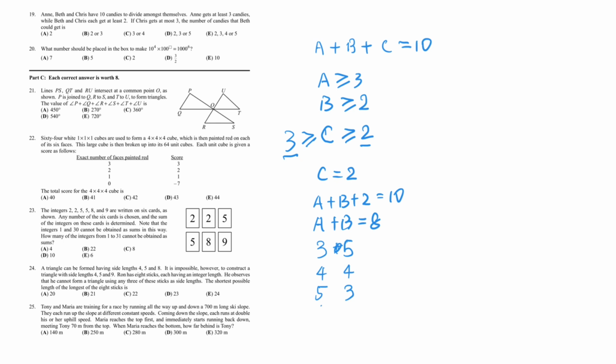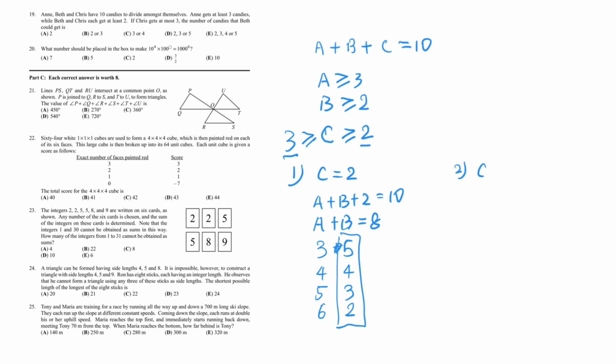And A is 6, B is 2. We stop because Beth is greater than or equal to 2. So Beth could get 5, 4, 3, 2. That's case 1, C equals 2.